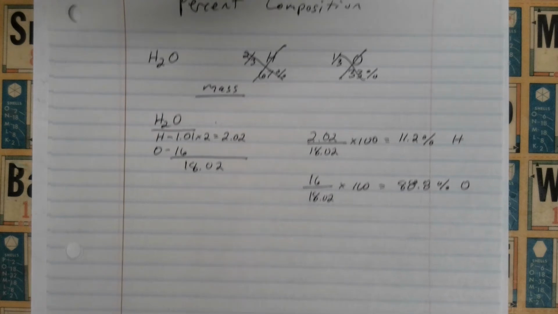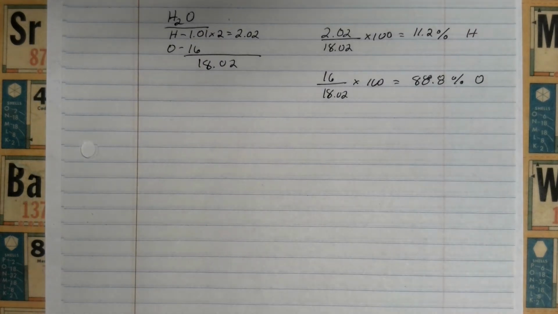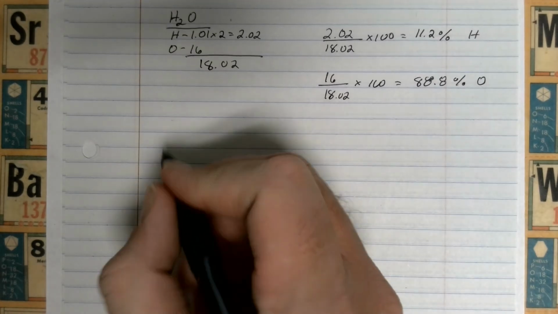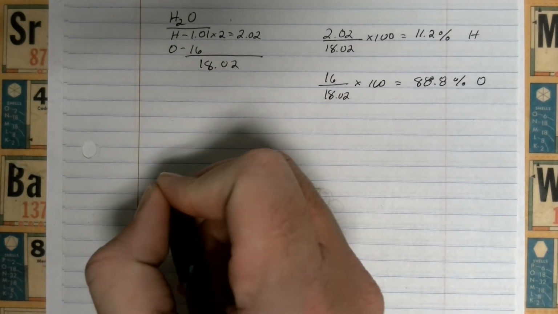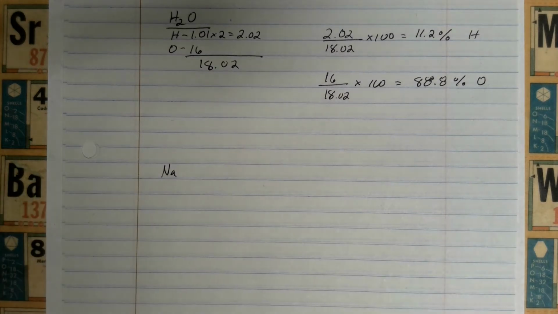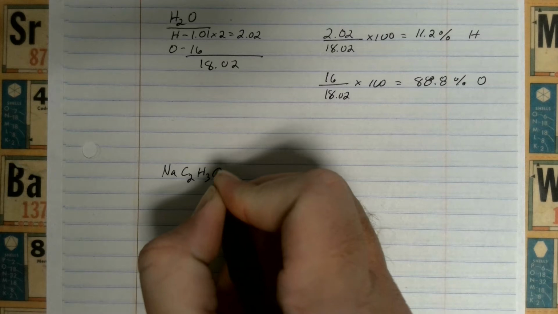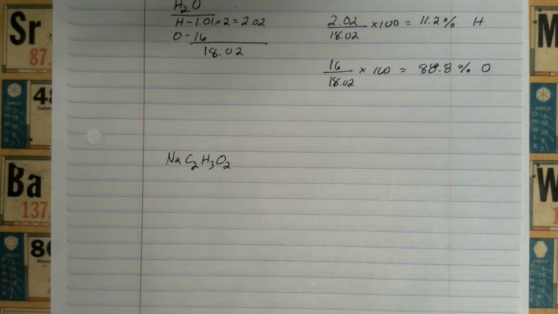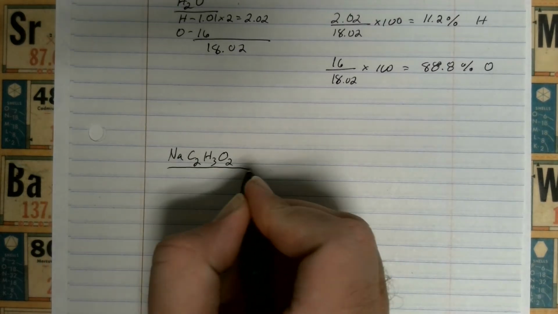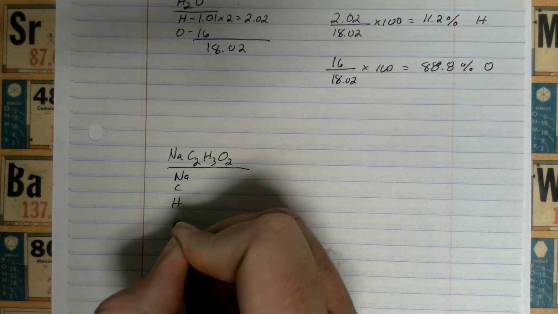Okay, so let's do another one. Let's say we have NaC2H3O2, so sodium acetate. Okay. So I have sodium, carbon, hydrogen, oxygen.